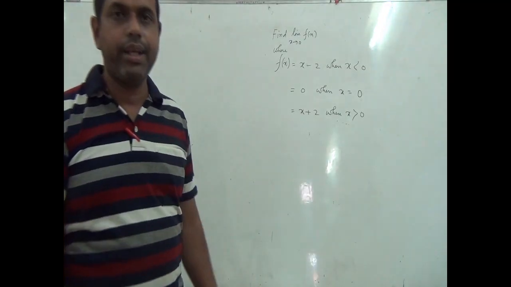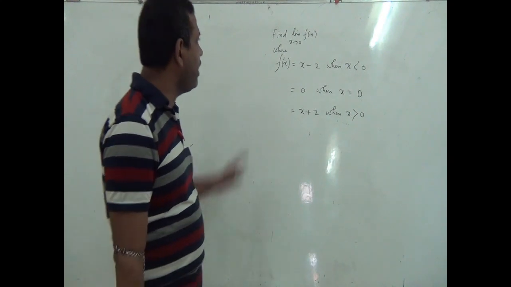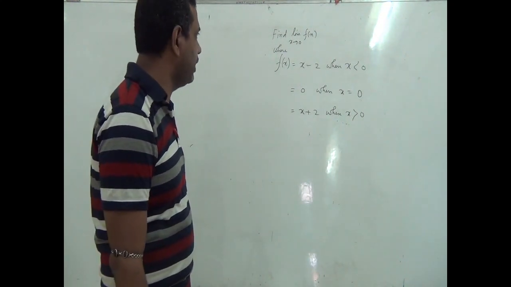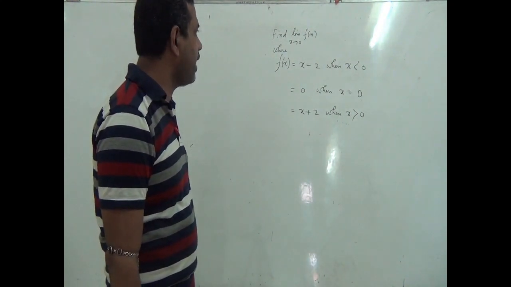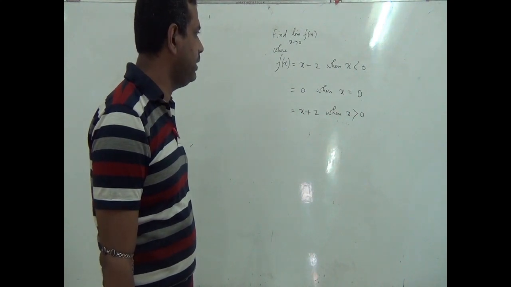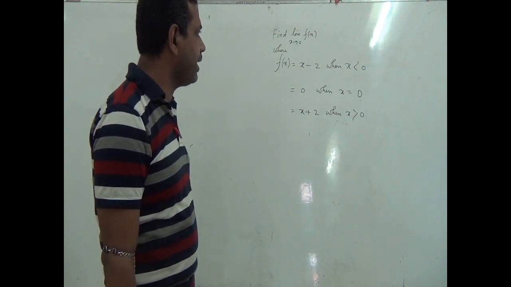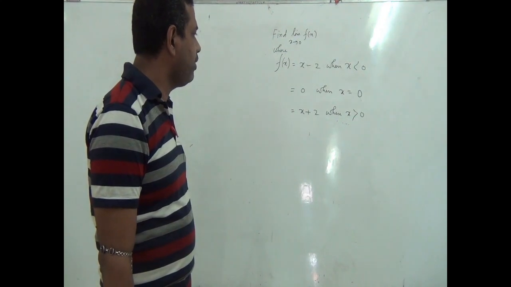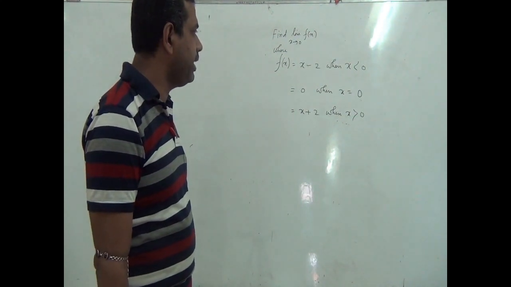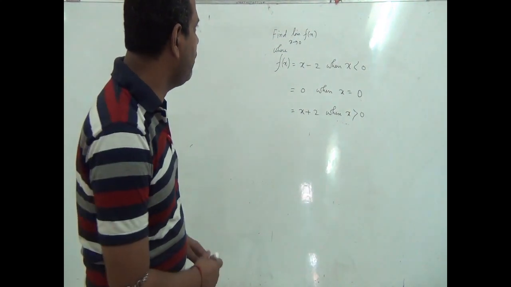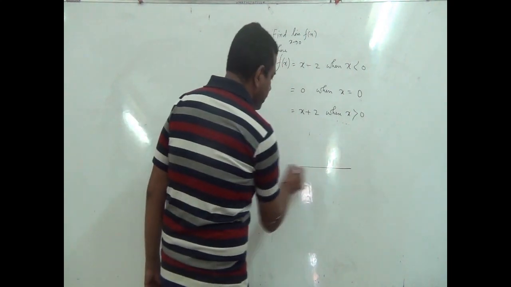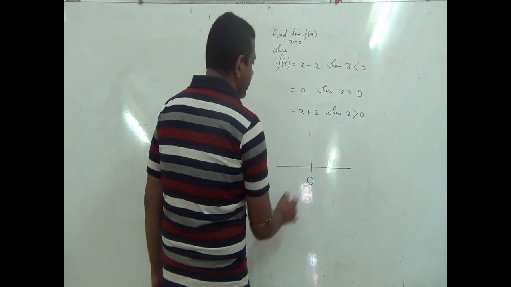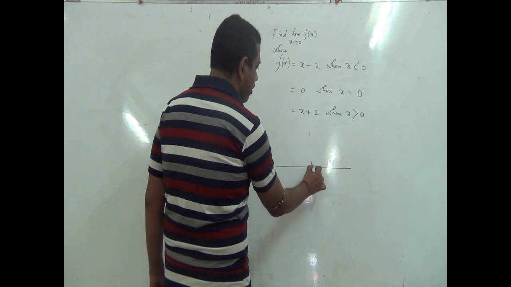Now we take an example. Find limit x tends to 0 f of x, where f of x equals x minus 2 when x is less than 0, equals 0 when x equals 0, and equals x plus 2 when x is greater than 0. Already we know that when x tends to 0, x is near about 0 but not equal to 0.